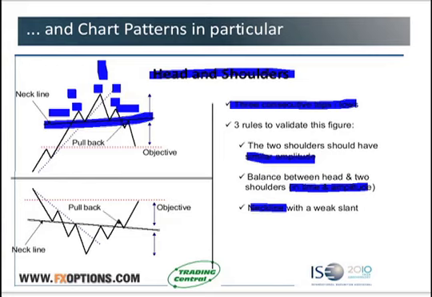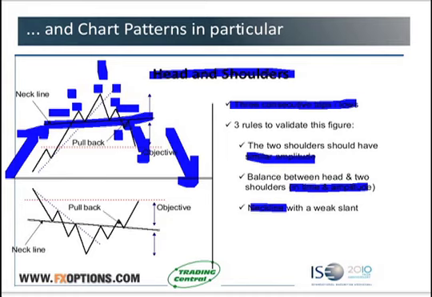There is a weak slant on the neckline. You can notice in this case the uptrend, which is becoming a bearish trend. Either you can sell once the neckline is broken down, or you can wait for the pullback to enter the new bearish trend.